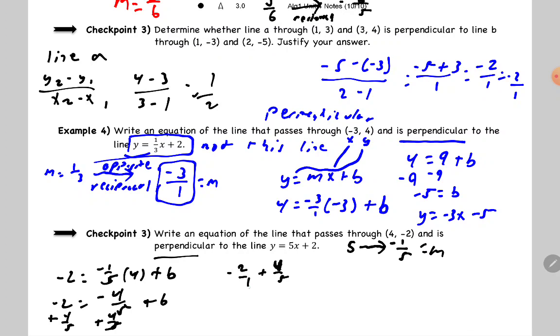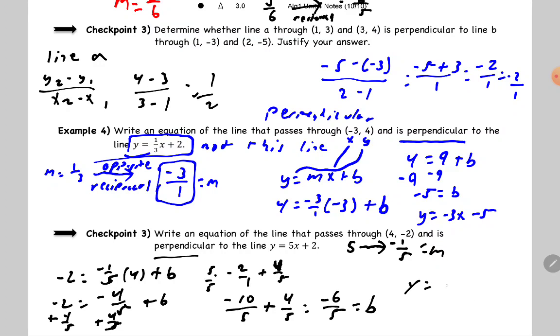So I'm going to multiply the left fraction by 5, top and bottom, just the first fraction. So -10/5 plus 4/5 is -6/5. And that is my b value.